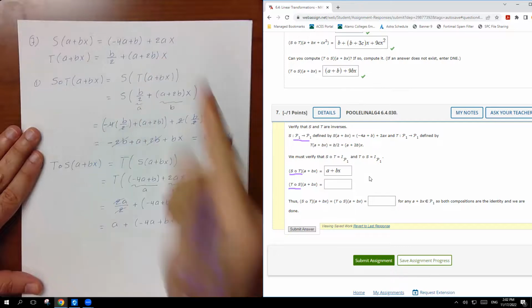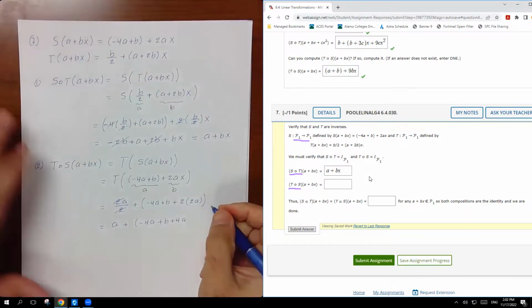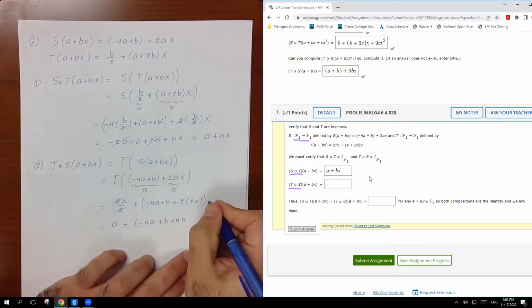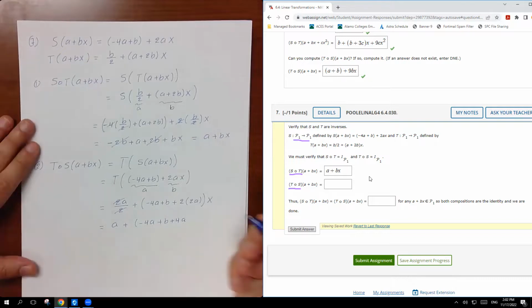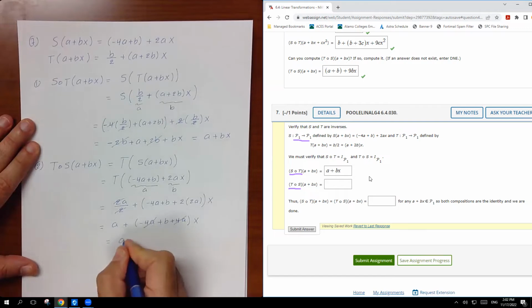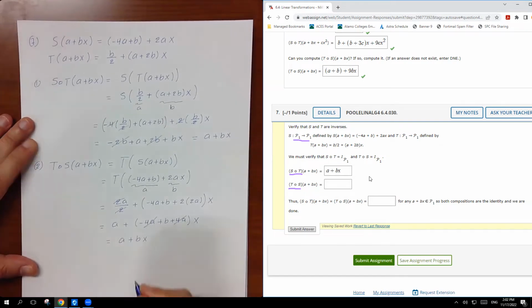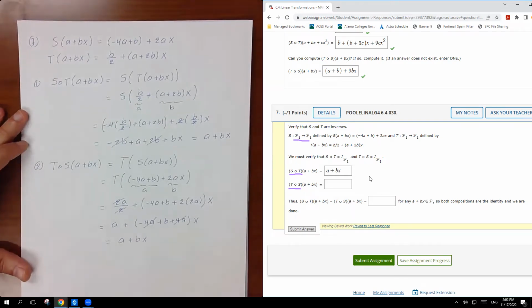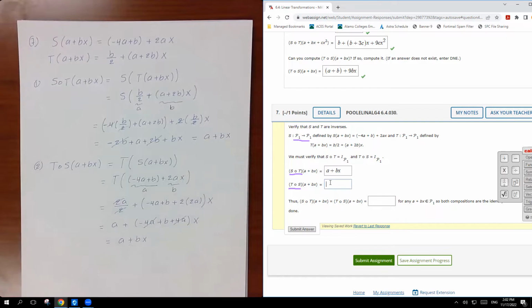We forgot the x with the second part, so the x is going to be here. Now 4a cancels with the 4a, so the result is going to be a plus bx. So we got here also a plus bx.